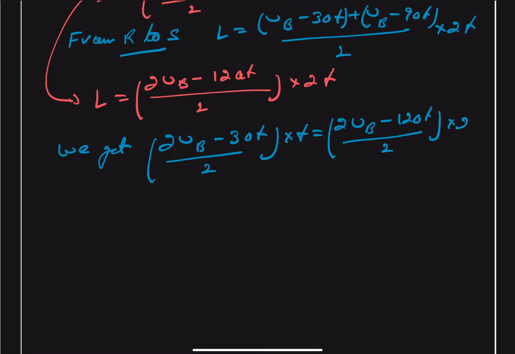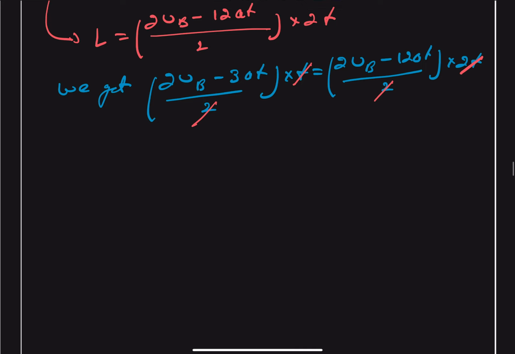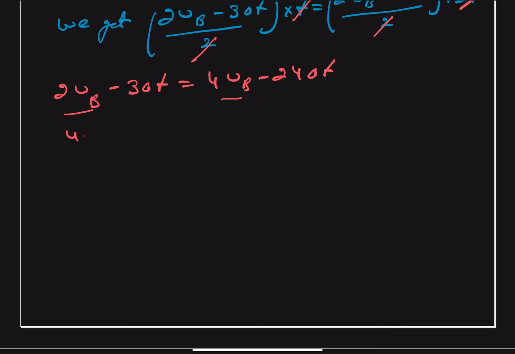So 2 and 2 cancel out, t and t go away. So we can write this as 2VB minus 3at will be equal to, multiplying by 2 inside, 4VB minus 24at. Now VB and VB, we combine them, we get 4 minus 2 VB is equal to minus of 24 plus 3 multiplied by at.